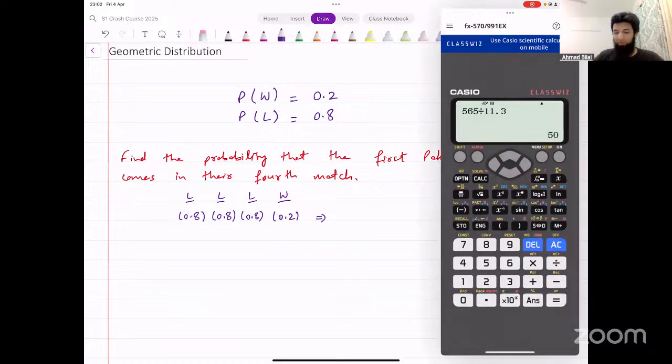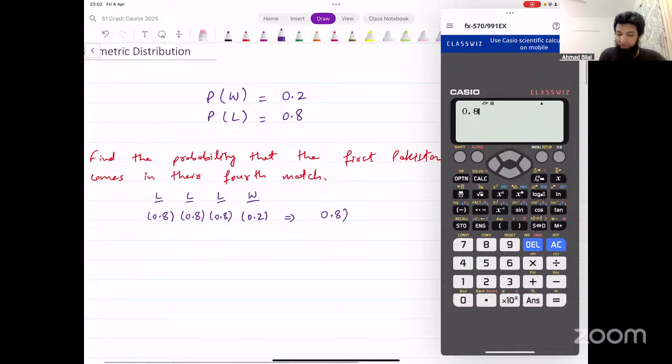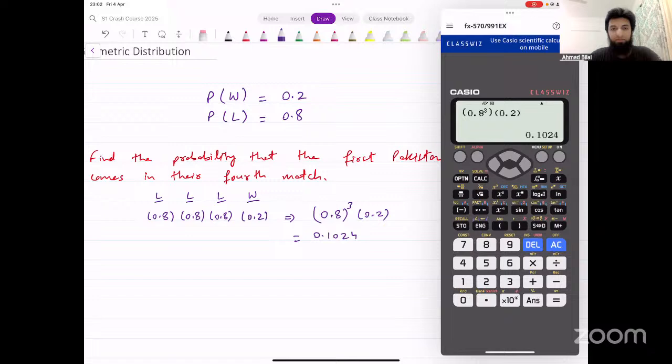You can simplify this as 0.8 raised to power 3 times 0.2, and that turns out to be 0.1024. That is the probability that the first Pakistan win comes in their fourth match. That's 0.1024, and that's how you can calculate this.